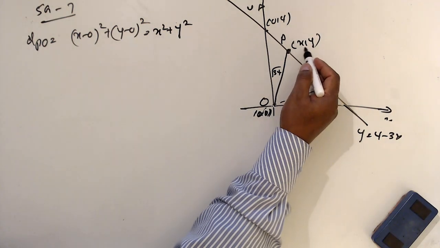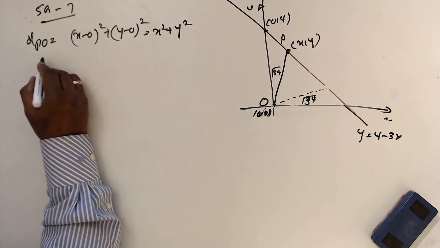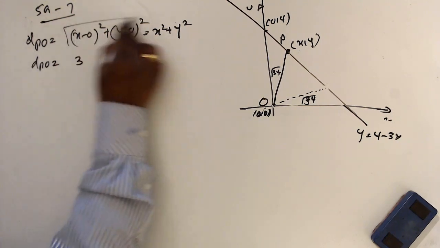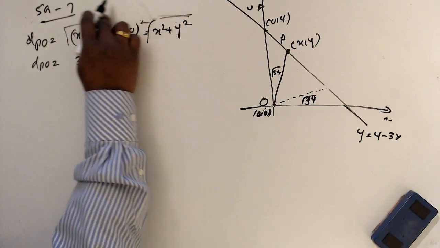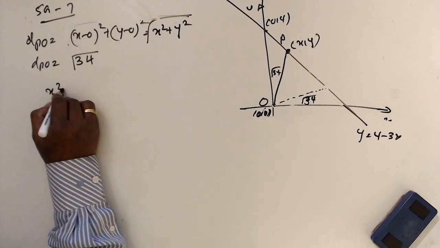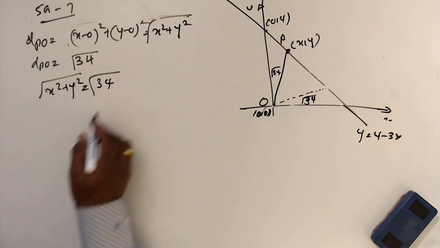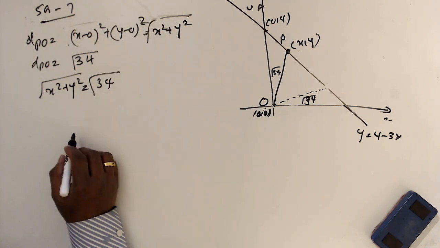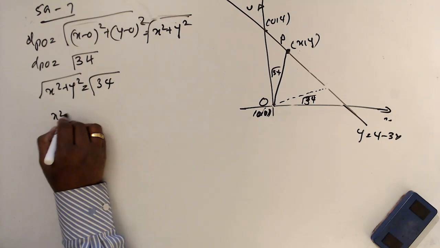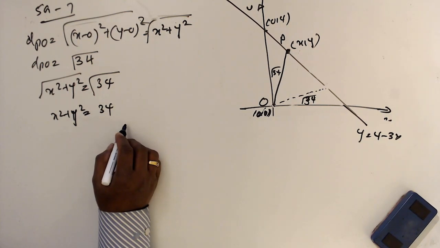Instead of a, now I take x and y. That's the difference. Also I know the distance PO is square root 34. Then x squared plus y squared equals 34.